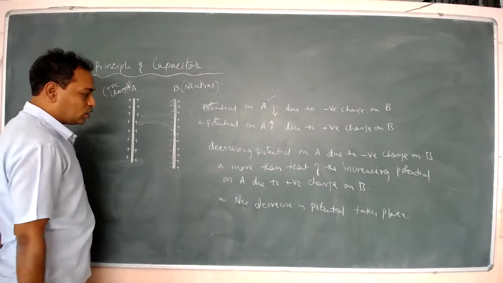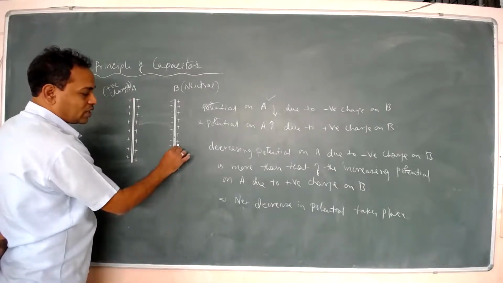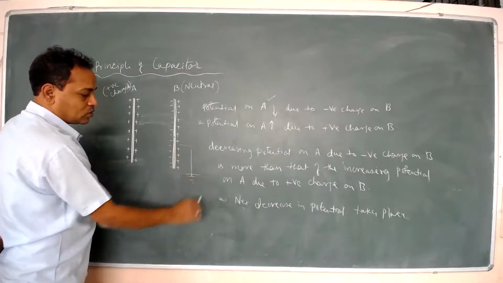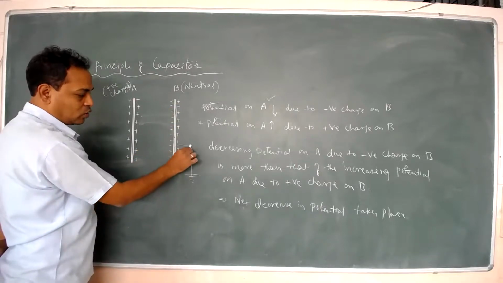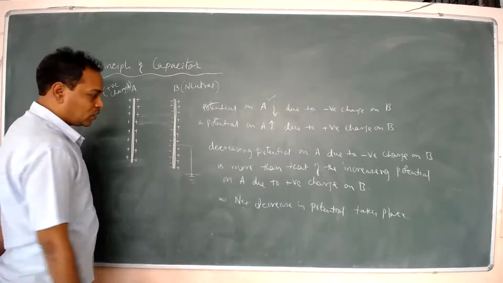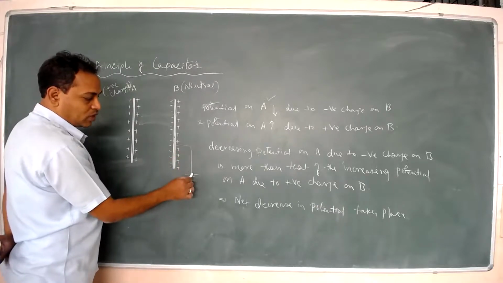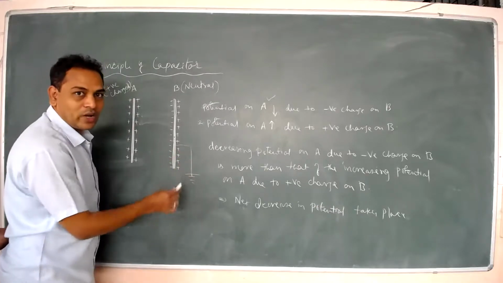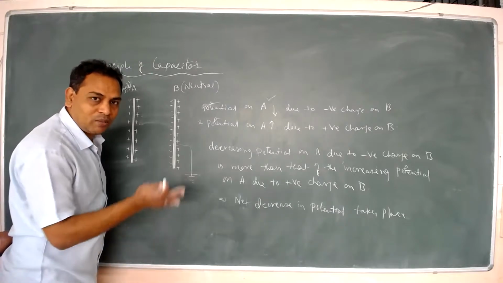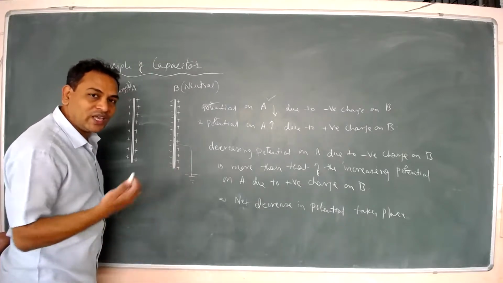Now what I will do is connect this side to the earth. Suppose I have given an earthing to this side. That means, if I give this side to the earth, which is nothing but a big reservoir of charge, it can give any amount of charge or take any amount of charge.